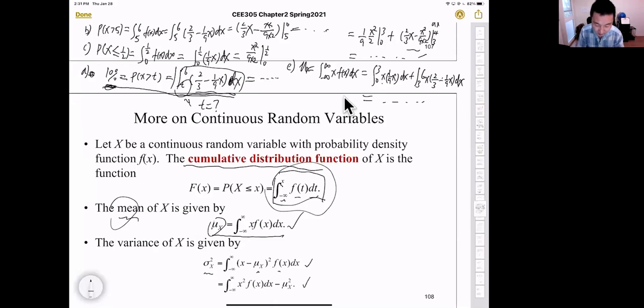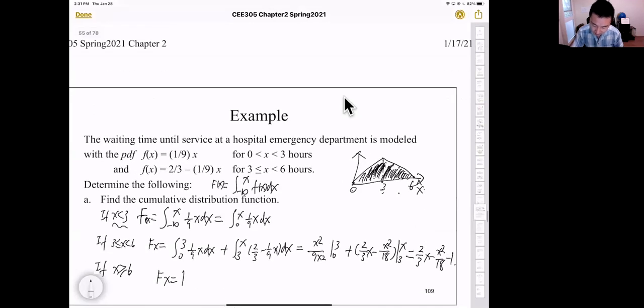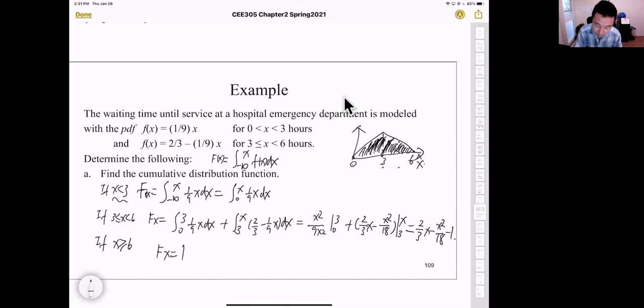When x is larger than 6, the cumulative function includes all the probability under this curve, and we know that is equal to 100%. That's always true: for a probability density function, the area under the curve always equals 1, or 100%. The highest possible probability is 100%.